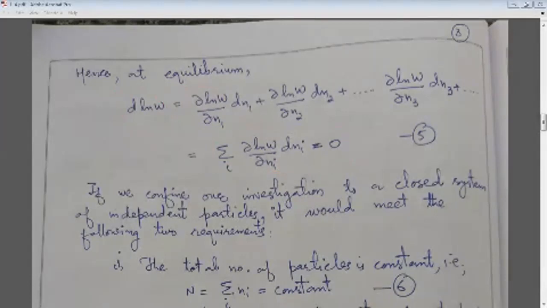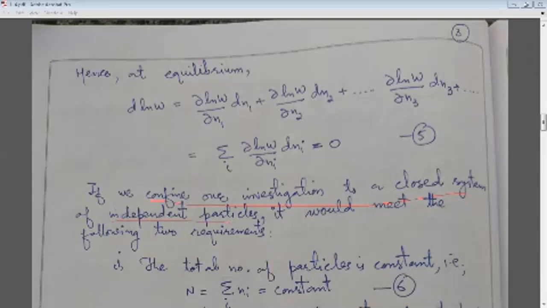So now if we confine our investigation to a closed system, why are we now taking a closed system, not an open system, in which the total number of particles remains constant? Because if it is a closed system, the number of particles cannot change. That means a closed system, and those are independent particles, very important here.